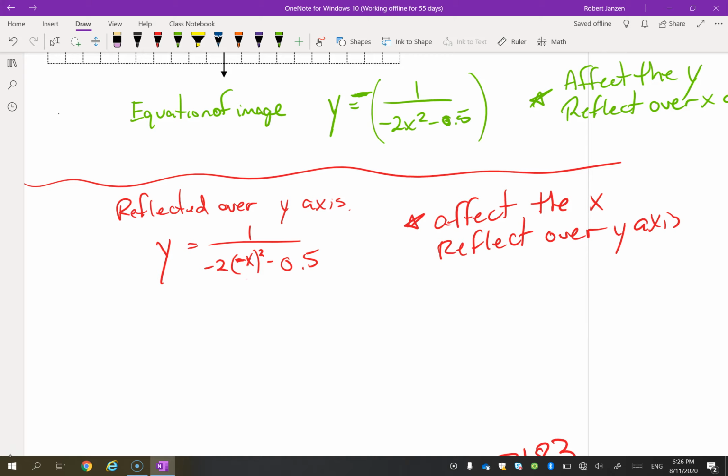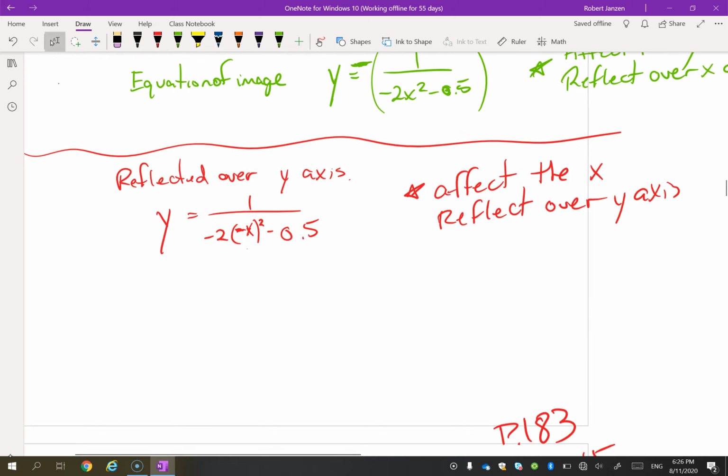If I wanted to simplify this one, it would become 1 over a negative x squared, it would just become negative 2x squared minus 0.5, which you can see is the same equation that we started with. Okay? By the way, don't get tricked. You wouldn't cancel these two negatives out, right? Because this negative is canceled by the squared.